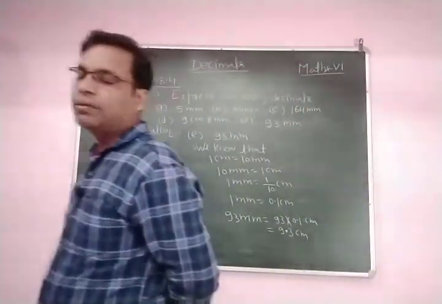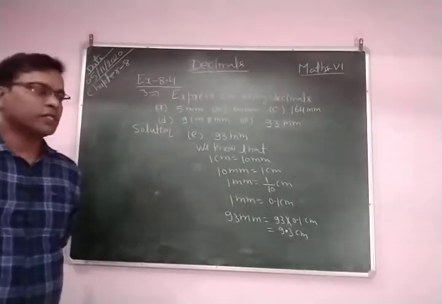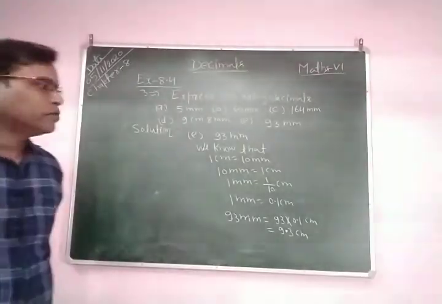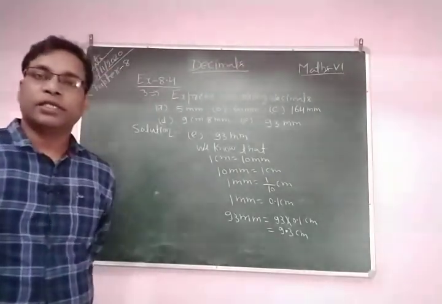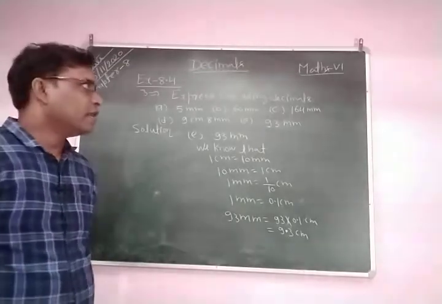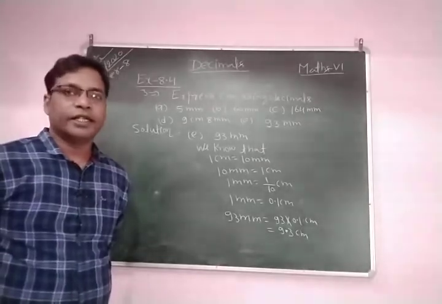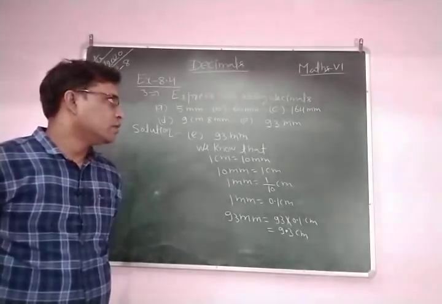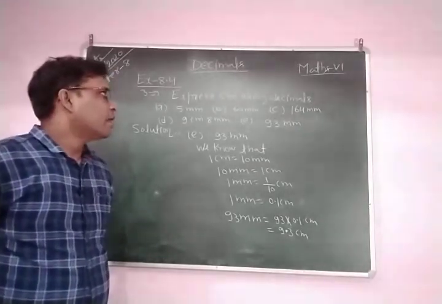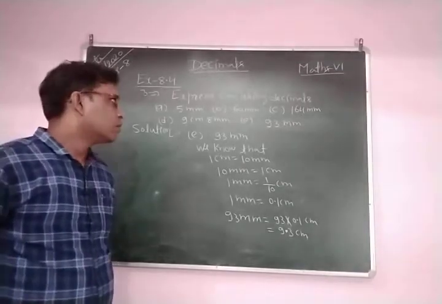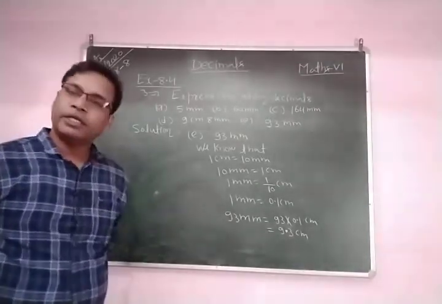Students, I hope all of you understood these questions. Now we are going to discuss the next question, question number 4 of this exercise 8.4, chapter 8 decimals. I hope you understood how to convert millimeter into centimeters.